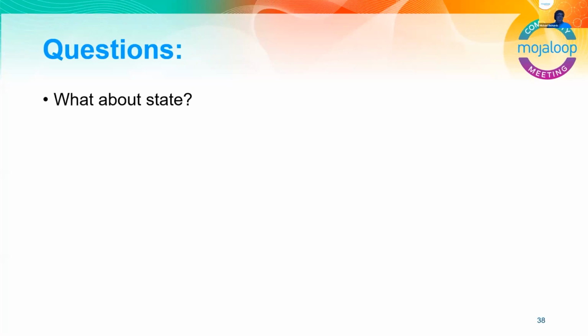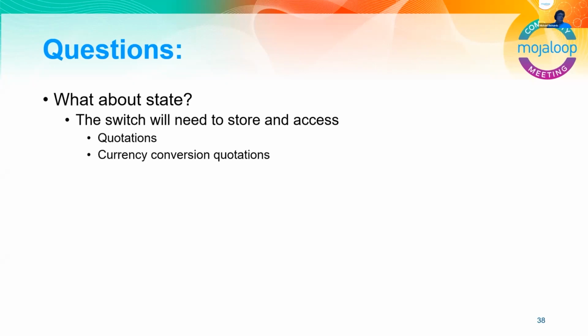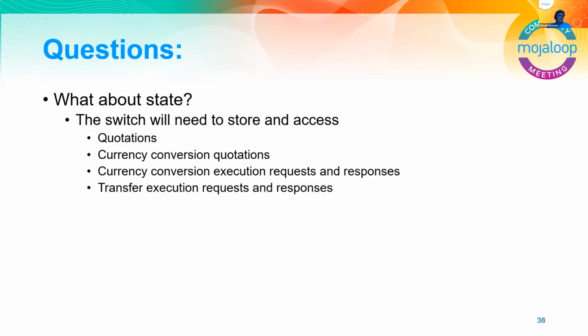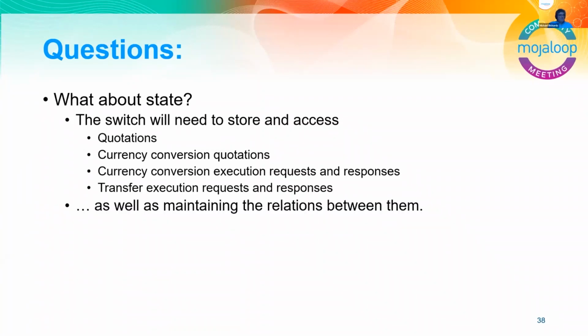Well, what about state then? So the switch will need to know about quotations, currency conversion quotations, currency conversion execution requests and responses, and transfer execution requests and responses. And it will need to maintain the relationships between all of those things at the same time.